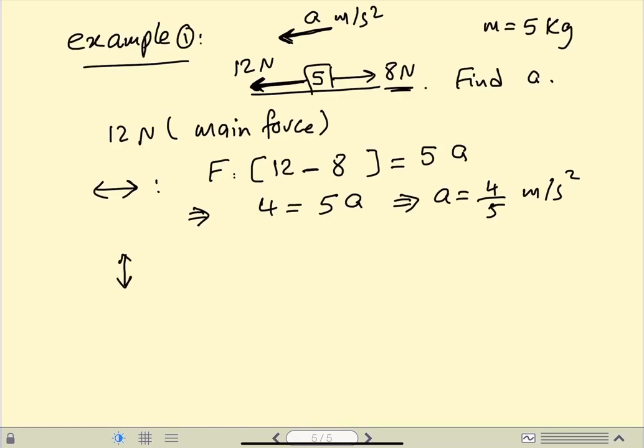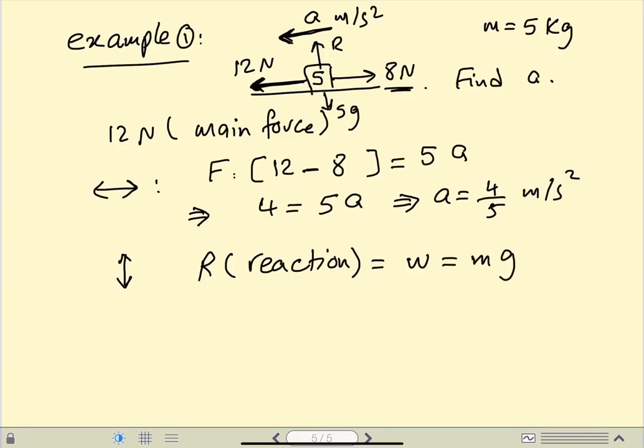Vertically, or perpendicular to the plane, are 5g. So the reaction force R, for reaction, again, I wrote it before and I will write it, is equal to mg, the weight. So in this example, R is equal to 5 times g.